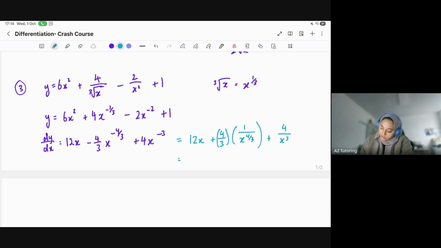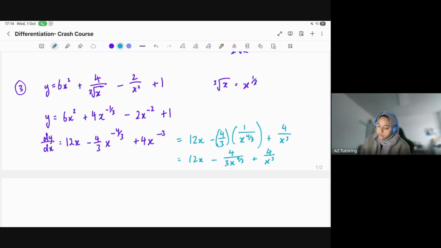Okay, just simplifying that, I get 12x minus 4 over 3x to the power of 4 over 3 plus 4 over x cubed. There's one mistake I've just made here. There should be a minus here. Do you see how there's a minus there? That should have been a minus there.